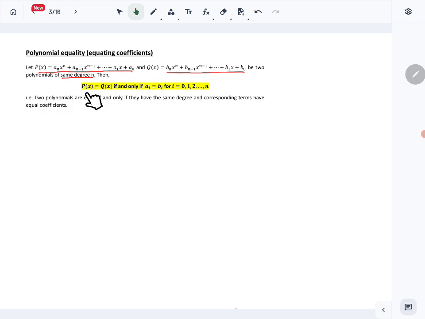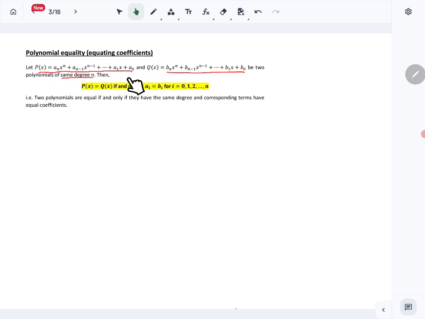So that is the first condition. So p(x) is equal to q(x) if and only if this is true: a_i equals b_i for i equals 0, 1, 2, ..., n. So what does that mean? Coefficient of the nth power, that is a_n, has to match the coefficient of the nth power in the q(x), that is b_n.